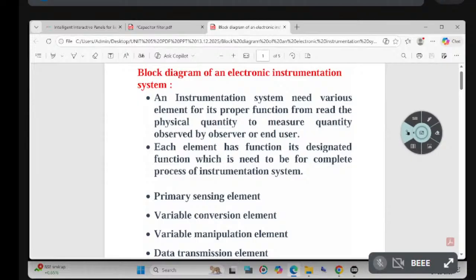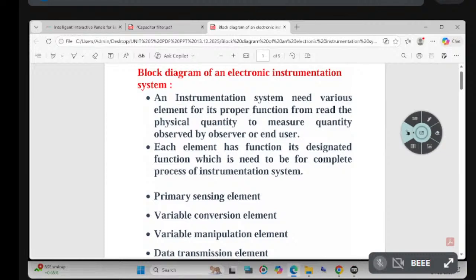So we have block diagrams. Primary sensing element, one block diagram. Variable conversion element, one more block diagram. These are all called blocks for the given diagram: primary sensing element, variable conversion element, variable manipulation element, data transmission, data presentation.